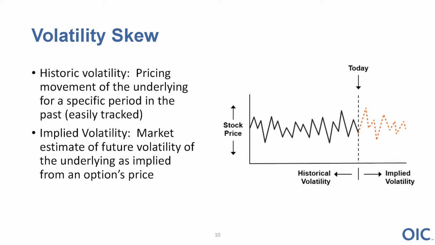When they're talking about implied volatility being high, you can infer that option prices are rather expensive. When implied volatility is low, option prices are inexpensive. That's a real easy way to think about implied volatility when you're hearing about it in the news.